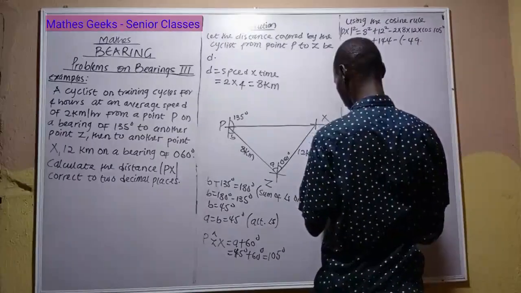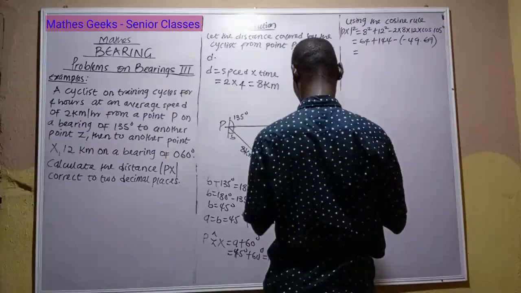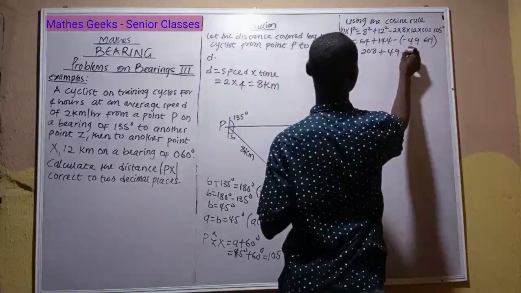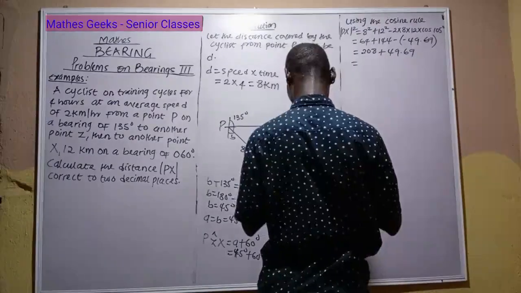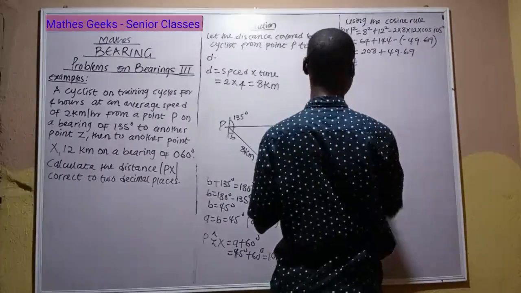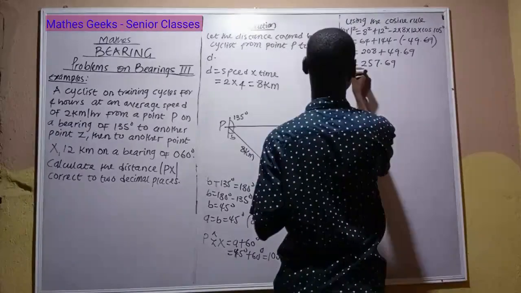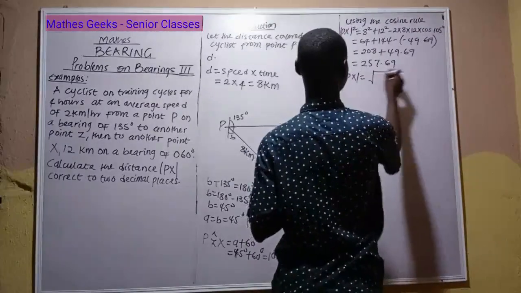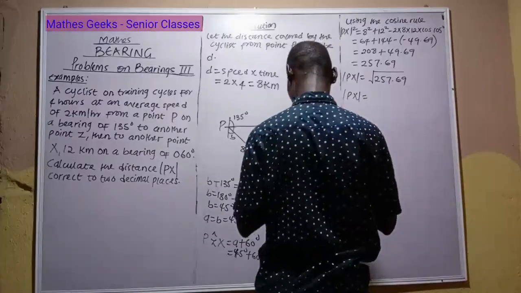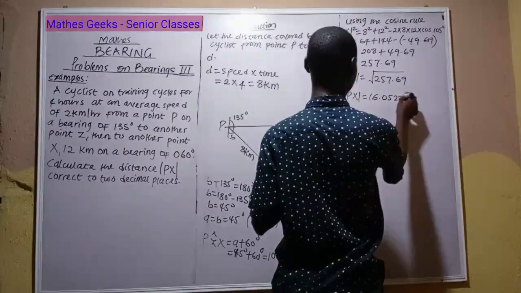minus 49.69. 64 plus 144 is 208, minus times minus gives plus 49.69. 208 plus 49.69 is 257.69, and that will give me, okay, PX equal to the square root of 257.69. So PX is equal to 16.0527.